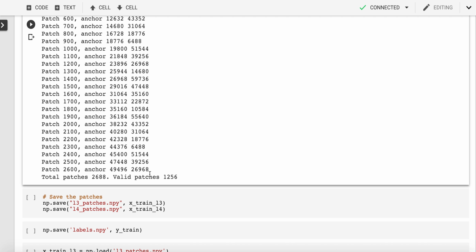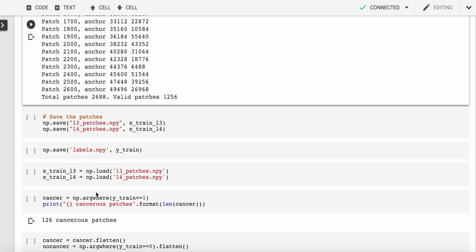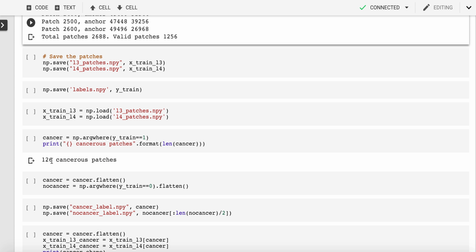For the last slide, around half of the total patches are valid. Altogether we have more than 5,000 patches, but only 126 of them contain cancer. That's a huge imbalance.